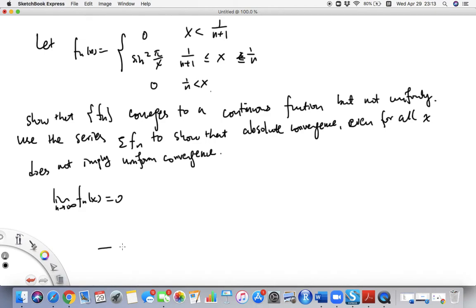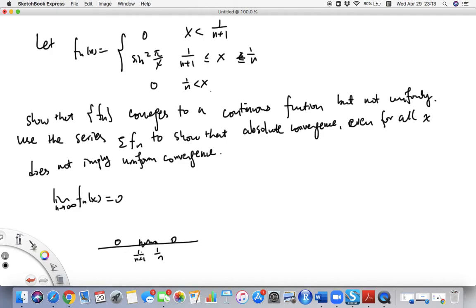And why is that? Because, say, this is 1/(n+1), and this is 1/n, right? To the left of 1/(n+1) it is 0, and to the right of 1/n it's also 0. So something can happen between 1/(n+1) and 1/n, right?